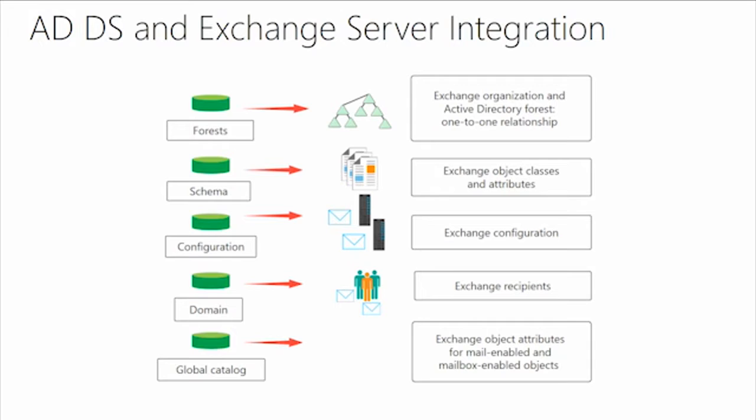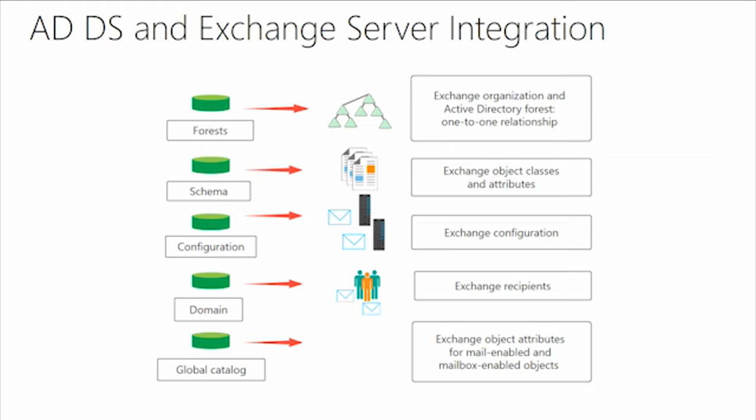You also need to know about the schema. The schema is where Exchange creates its classes and attributes. So obviously Exchange extends the Active Directory schema so that it can store its configuration in Active Directory. So things like an Exchange server object, a database object, SMTP object, those things are schema changes that need to be done on your Active Directory so that Exchange can store those configuration objects.